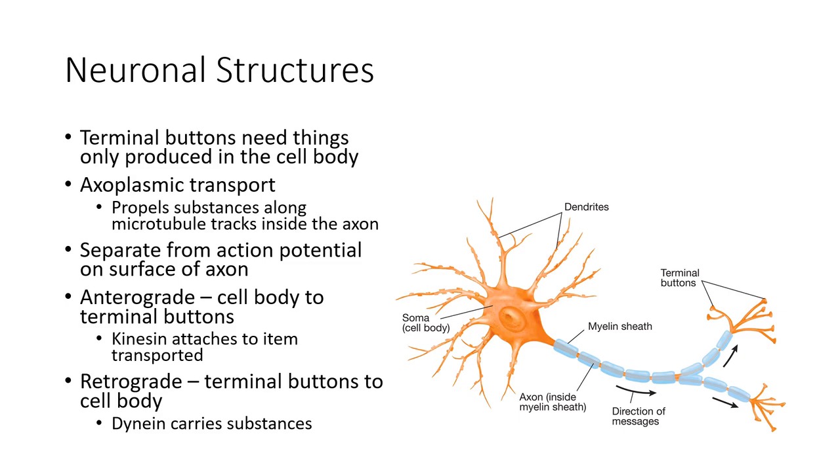And this will happen when the terminal buttons have a substance that they need to get rid of, basically. So it will be taken back to the cell body for disposal. And just a quick note, retrograde transport happens about half as fast as anterograde. So cell body to terminal buttons happens much quicker than in the opposite direction.